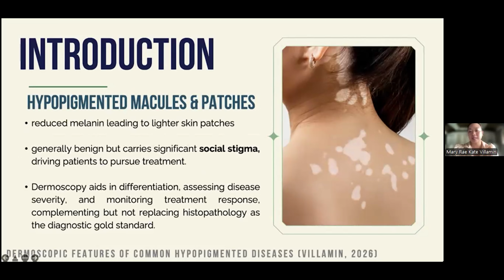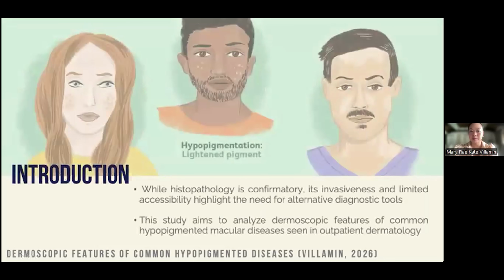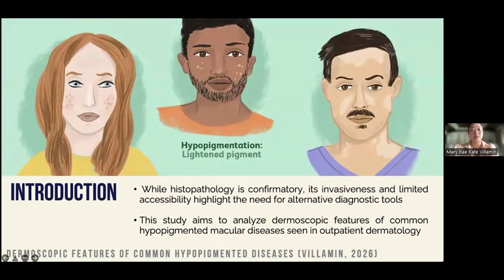Common hypomelanotic conditions encountered in the dermatology practice in the Philippines include vitiligo, pityriasis alba, achromic pityriasis versicolor, idiopathic guttate hypomelanosis, and nevus pigmentosus. While histopathology is confirmatory, its invasiveness and limited accessibility highlight the need for alternative diagnostic tools.